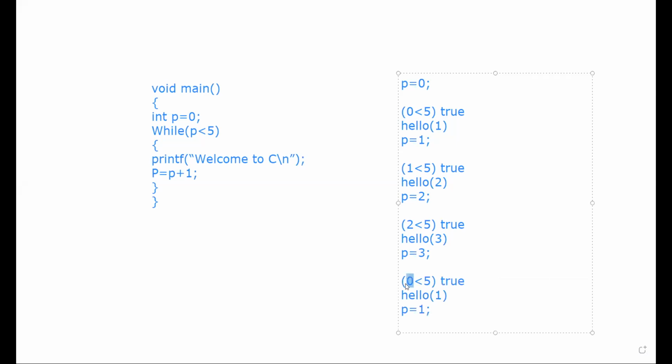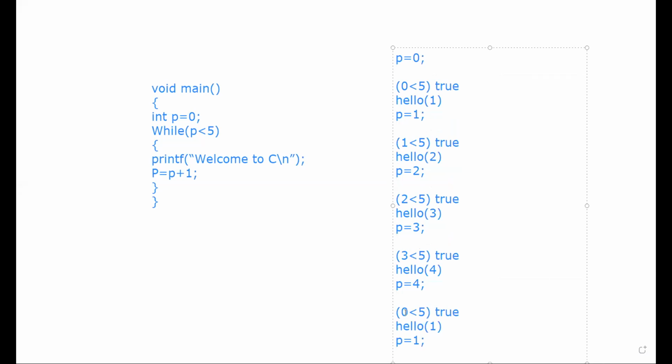Now the value of P is 3. The condition is true. Hello will be printed the 4th time and P is incremented to 4. Now the value of P is 4. Less than 5, the condition is true. Hello will be printed the 5th time. And the value of P will become 5.